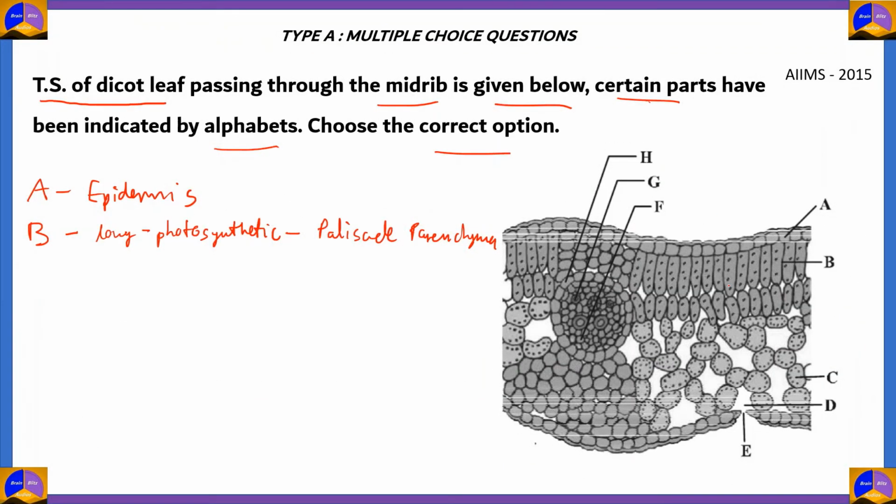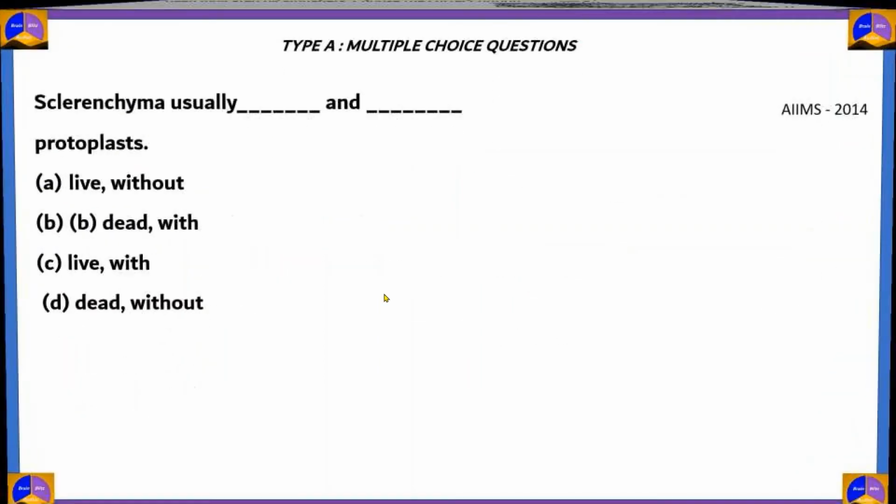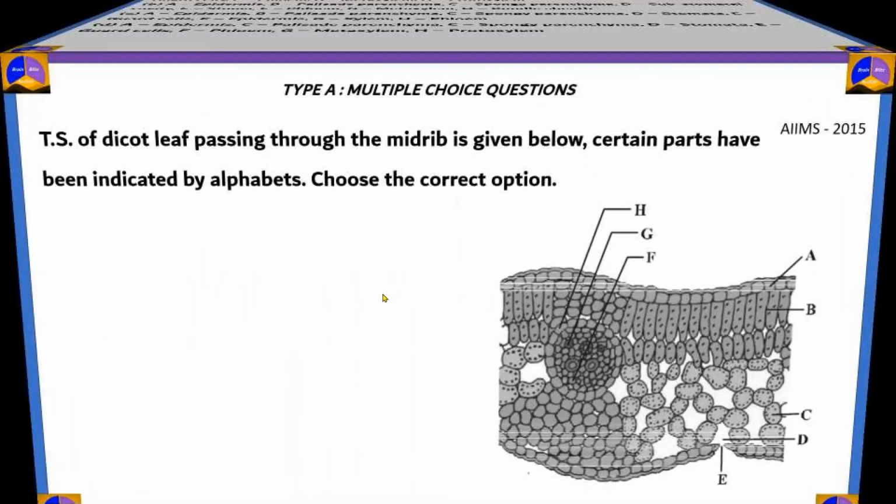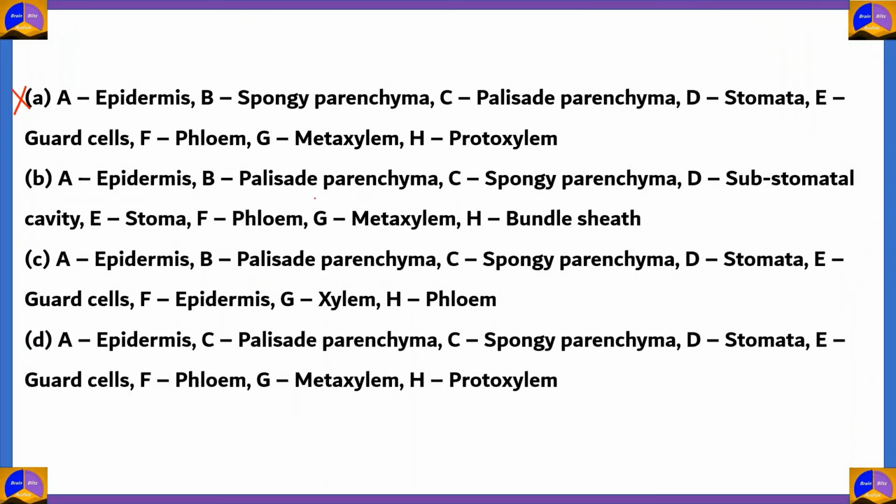Now let's look at C. C has a lot of spaces. So therefore it is spongy parenchyma. Again, C in all of these three options has spongy parenchyma.